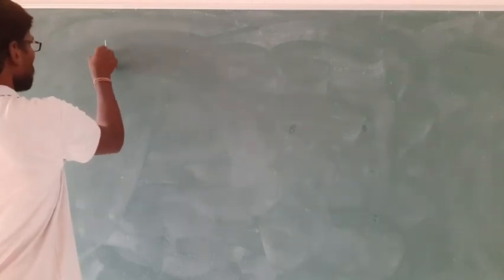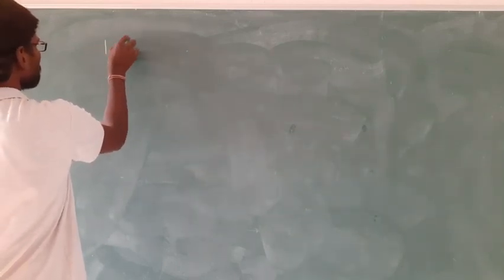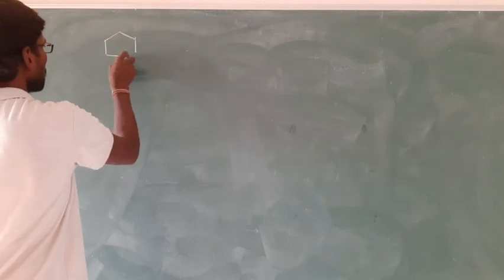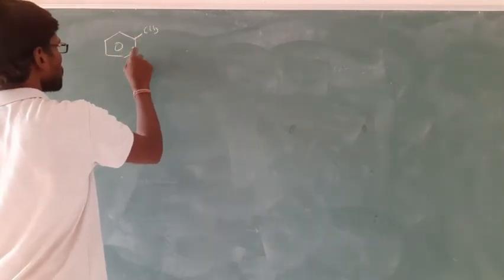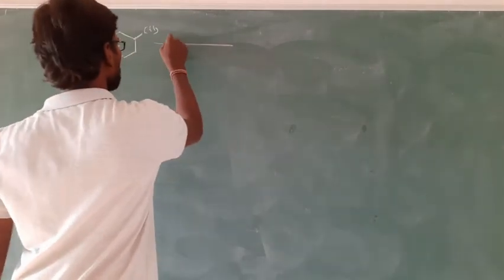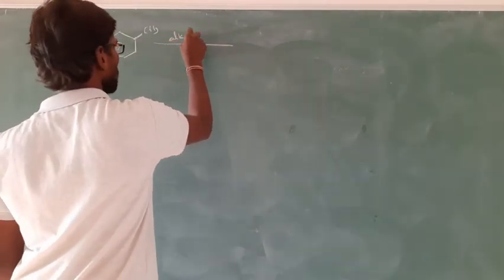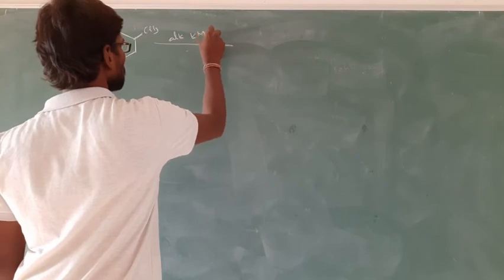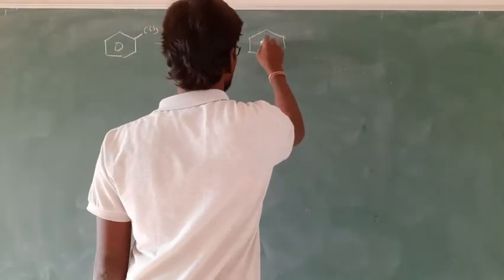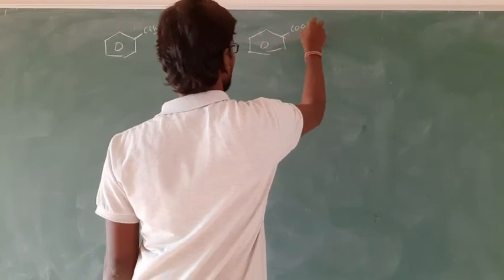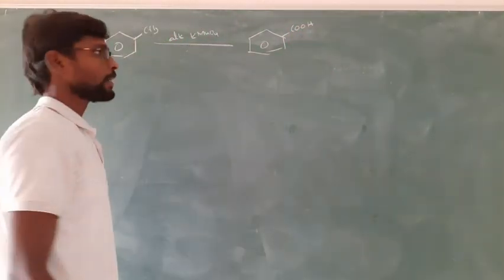Next thing, if you take toluene, that means alkyl benzene, and do the same thing, alkaline KMnO4, the product is benzoic acid, C6H5COOH, right?